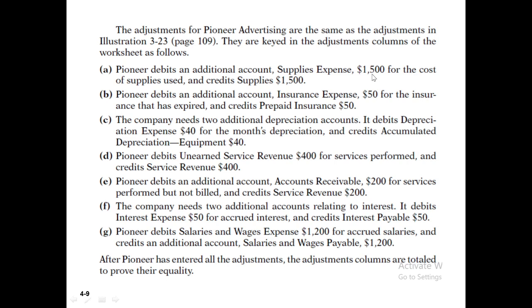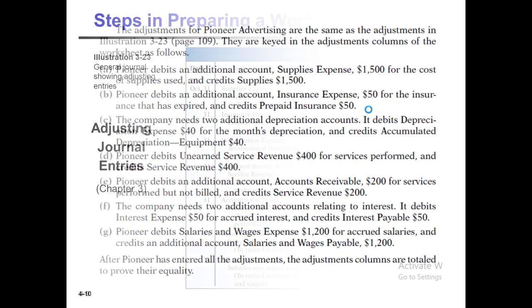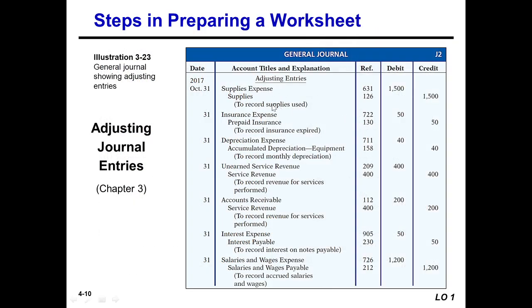Supplies expense 1,500 for the cost of supplies used, and credit supplies 1,500. So here, supplies expense will be debit and supplies will be credit. So we can see here supplies expense debit and supplies credit.